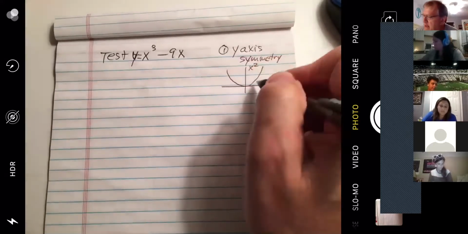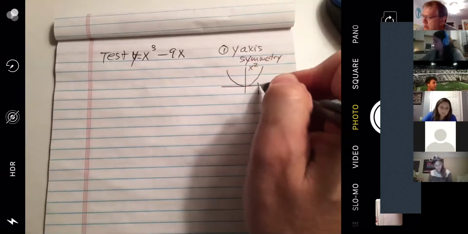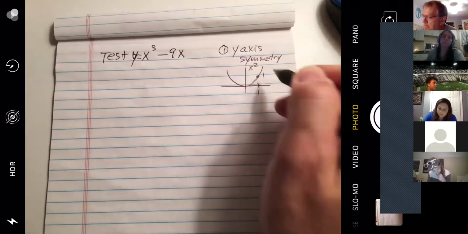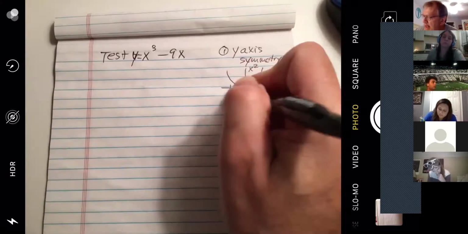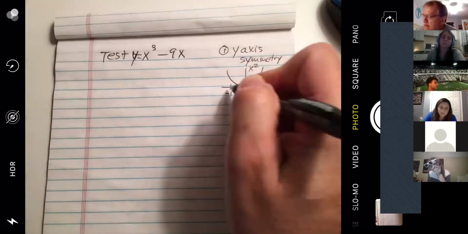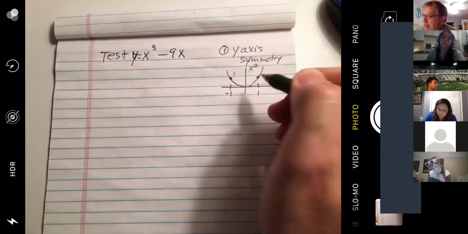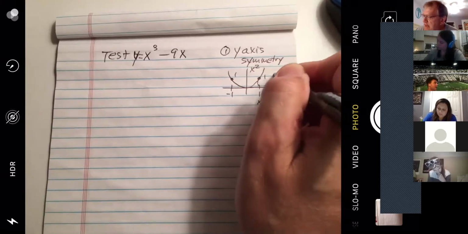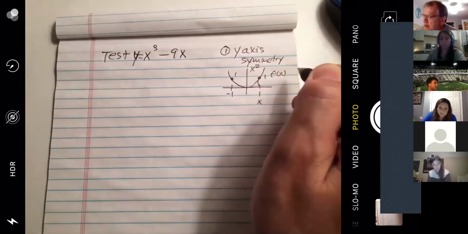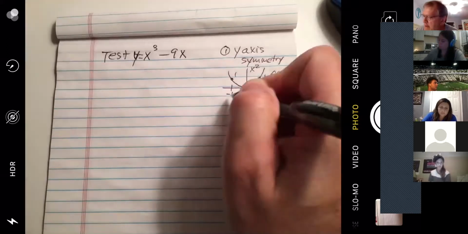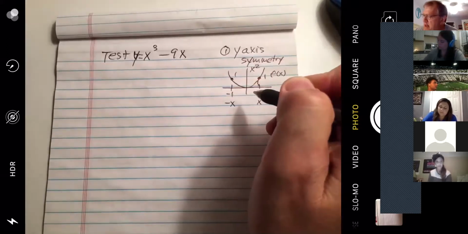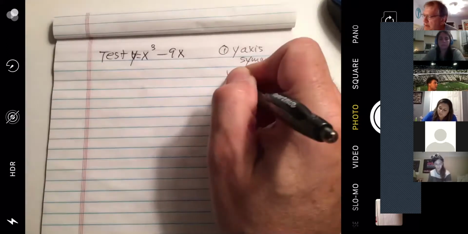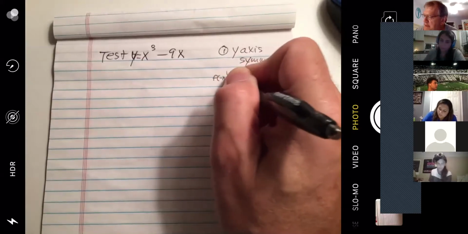So if I plug in x is, say, 1, I get 1. And if I plug in -1, I also get 1. So if I generalize this to an x, then this is an f of x. When I have -1, that's a minus x. And I go up and I get f of minus x.